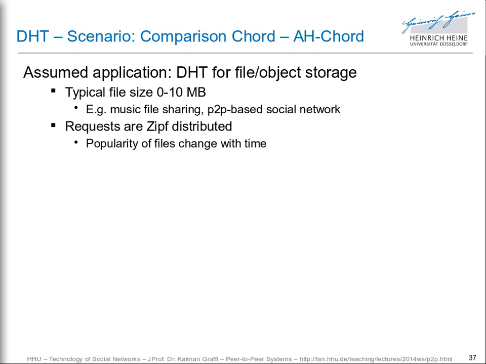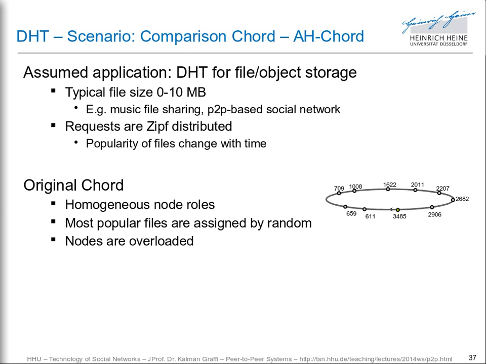And also we know that the requests are Zipf distributed, so we have popular files, and these popular files may change over time. In an original Chord with homogeneous nodes, we just assign files randomly, so nodes may be overloaded.